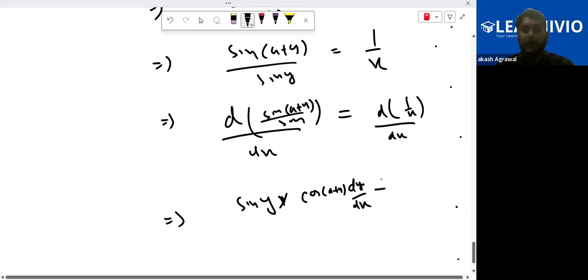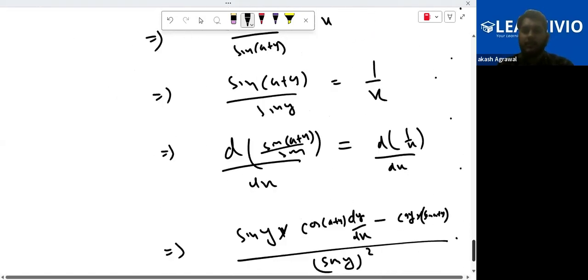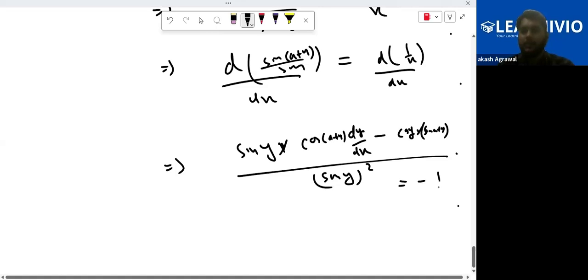Minus we have sin y differentiation is cos y times sin a plus y upon sin y whole square. I think we should have differentiated this way. Don't worry, I will find this answer like this also.